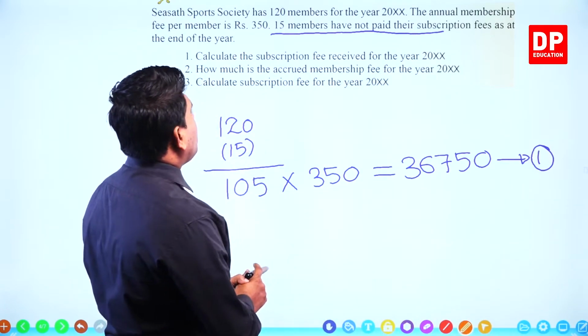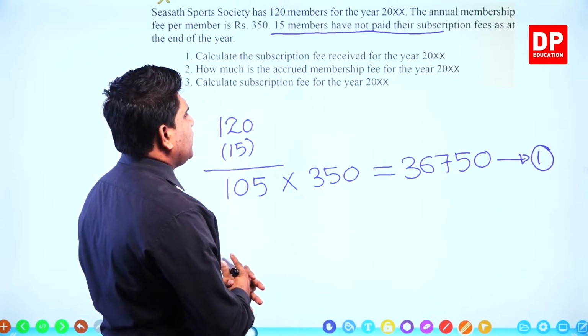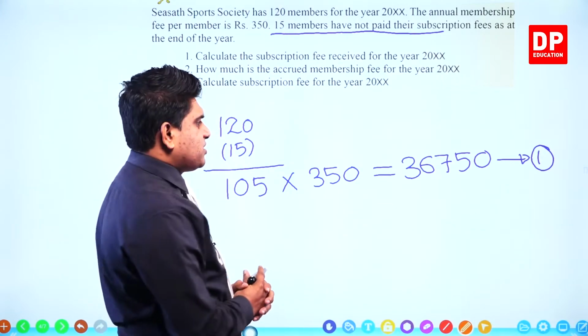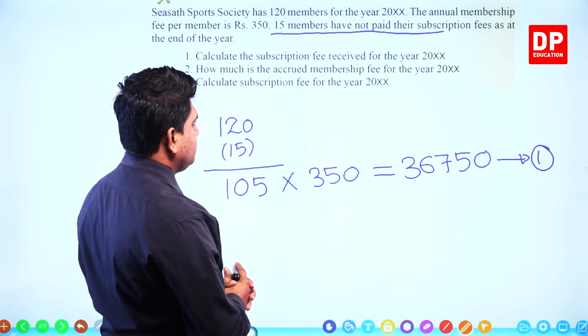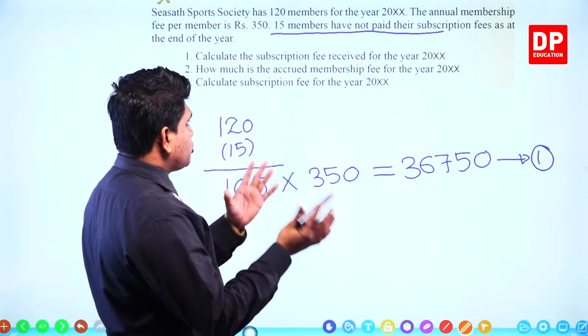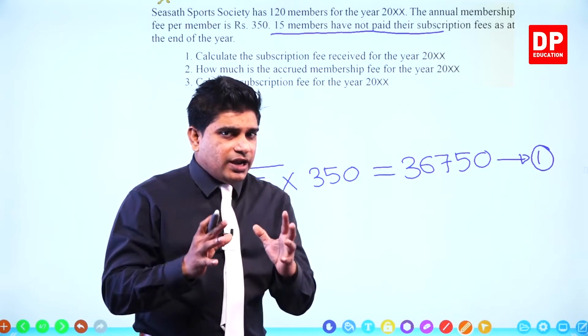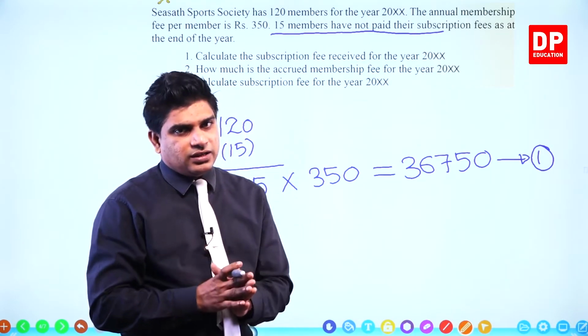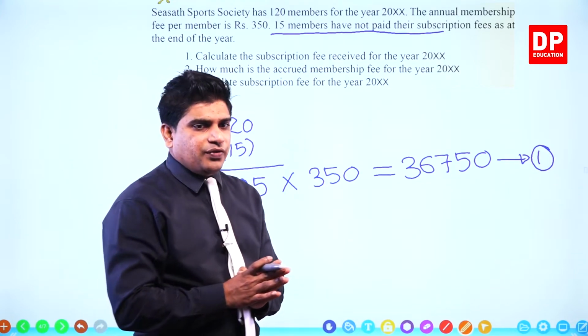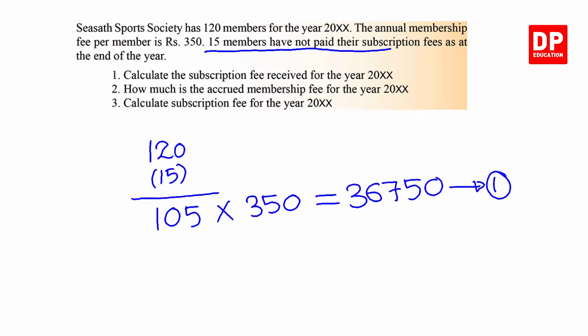How much is the accrued membership fee for the year? Accrued membership fees. How do you calculate? Accrued means to be received. 15 into 350. 15 members are there, they didn't pay their 350 amount.